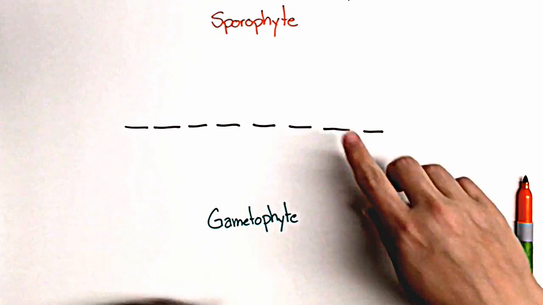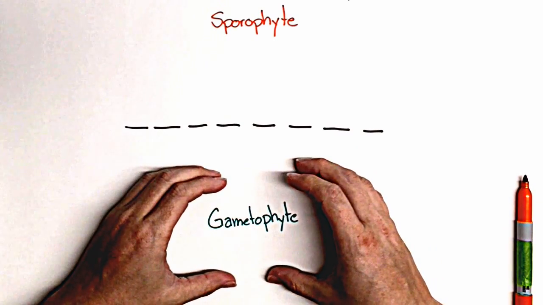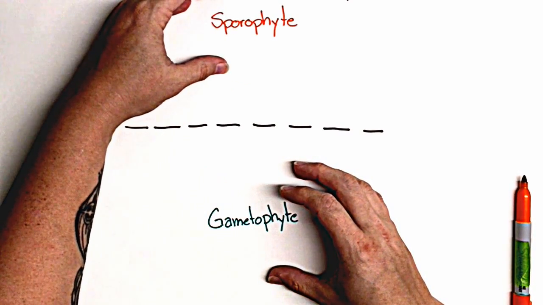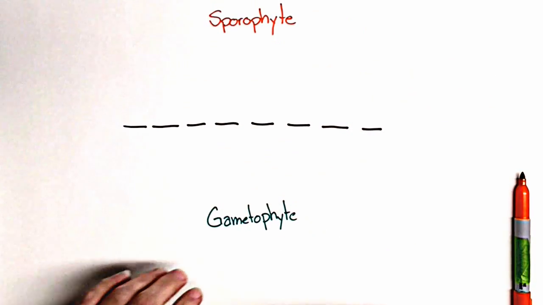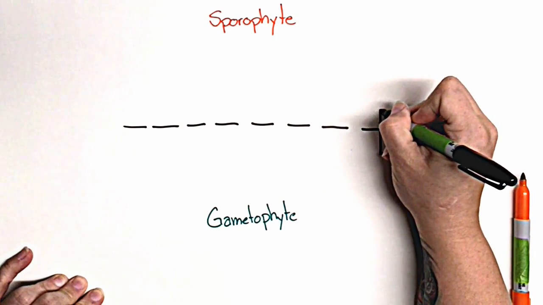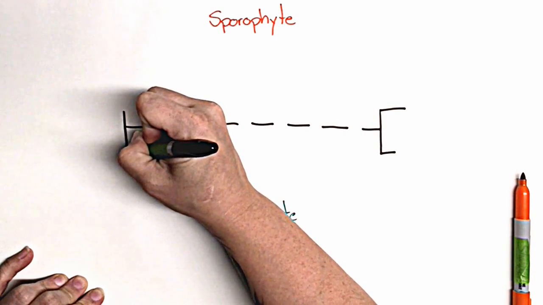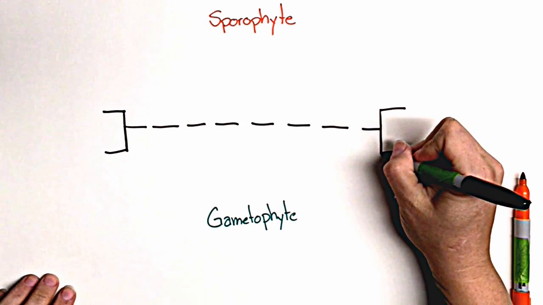Okay, so we know something has to happen with the gametophyte to get to the sporophyte generation, and something has to happen with the sporophyte to get to the gametophyte generation. So I'm going to add some little brackets here. This is going to be the process that our cells are going to have to undergo to get to the next stage.